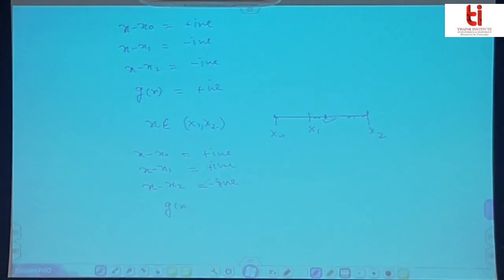So gx will be negative. This concludes that gx is changing sign inside the interval x0 to x2. When gx is changing sign inside the interval x0 to x2, the weighted mean value theorem is not applicable.